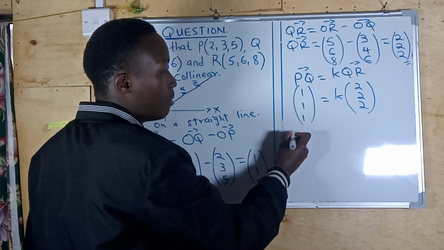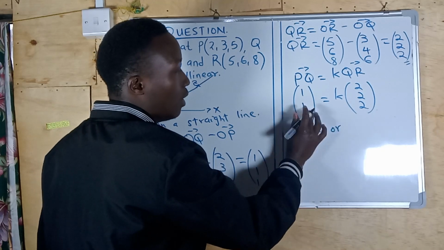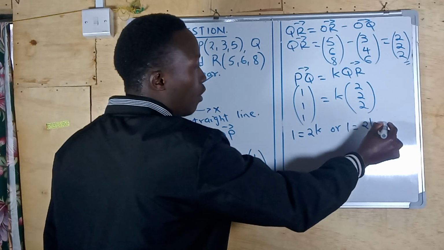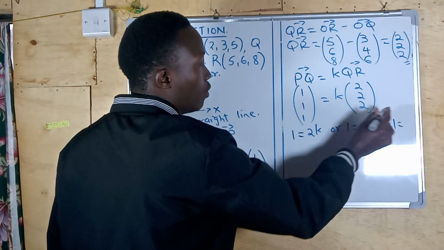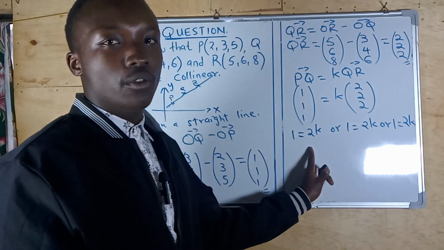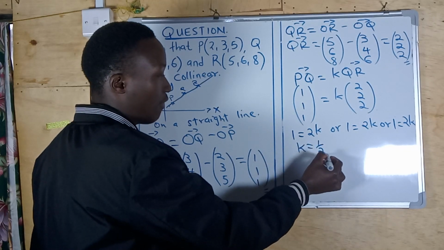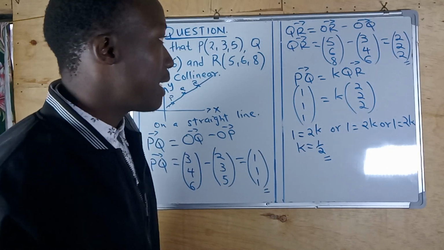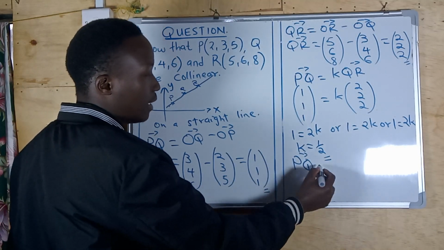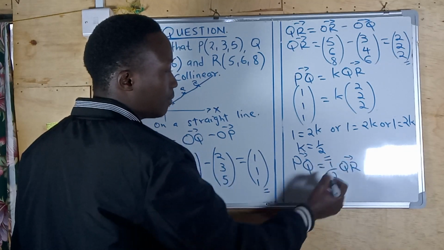So the first one is 1 equals k times 2, which is 2k. Definitely, this proves that the value of k is the same, and our k is going to be a half. So having our k as a half, we can therefore say the PQ vector is equivalent to a half QR.